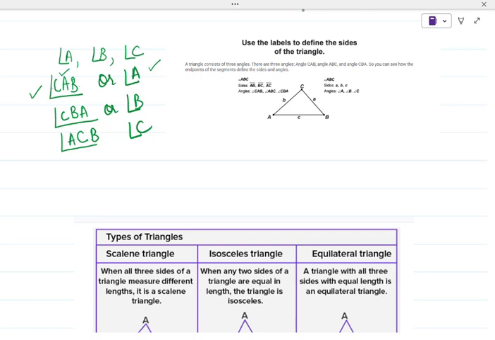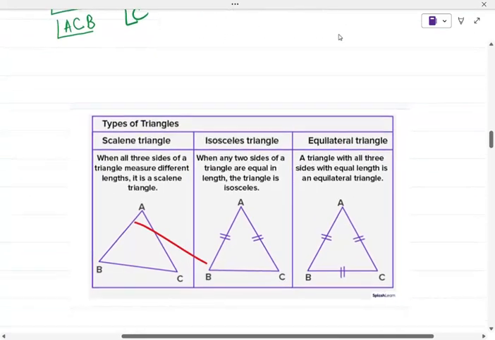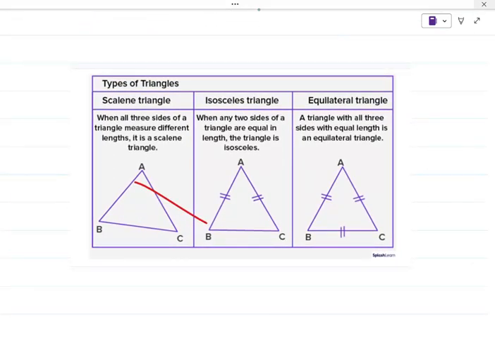So we have triangles on the basis of sides, and we also have triangles on the basis of angles. First are the types of triangles by sides. In a triangle, either all three sides are equal, or two sides are equal, or no side is equal. When all sides are equal, we call it an equilateral triangle.